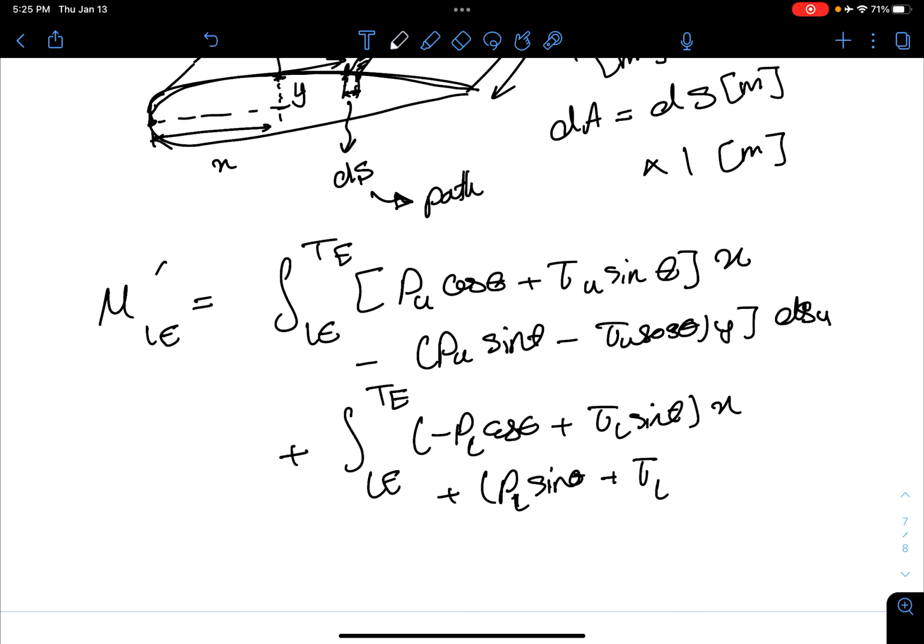This should be tau of L, cosine of theta, y ds on the lower surface.